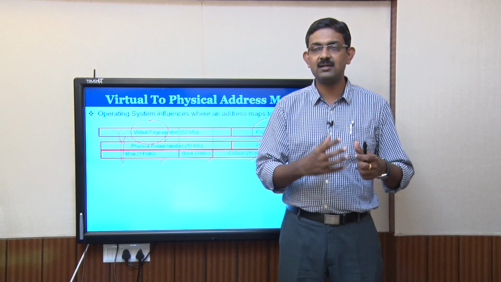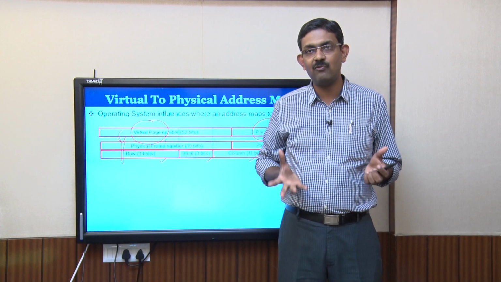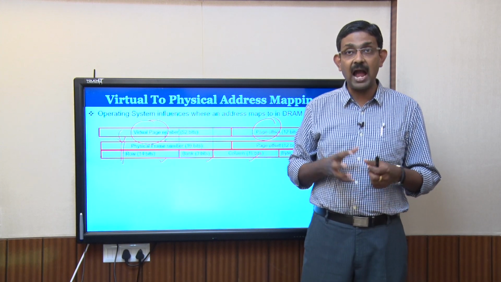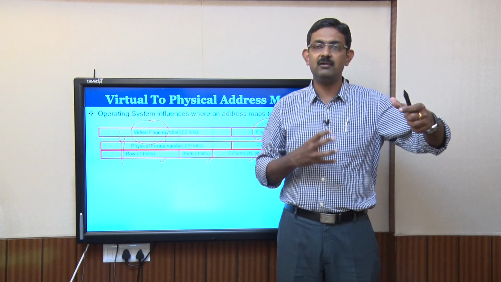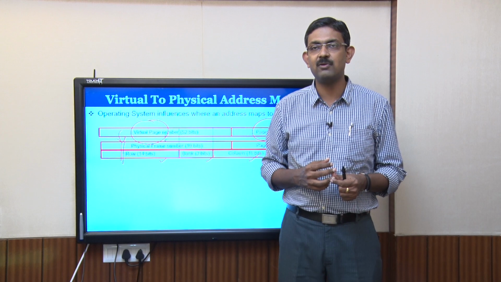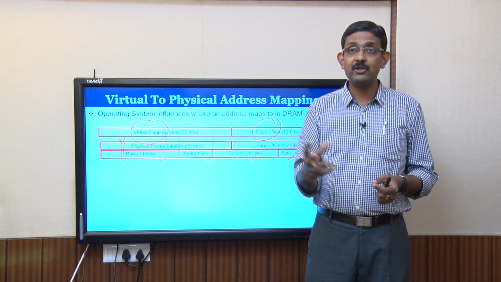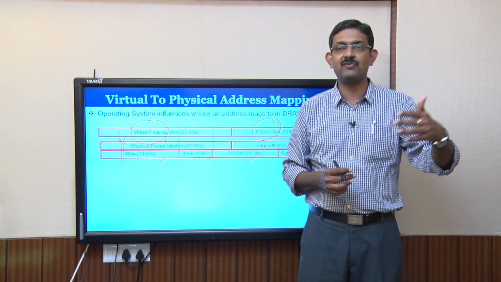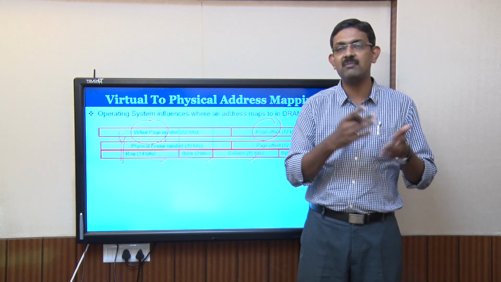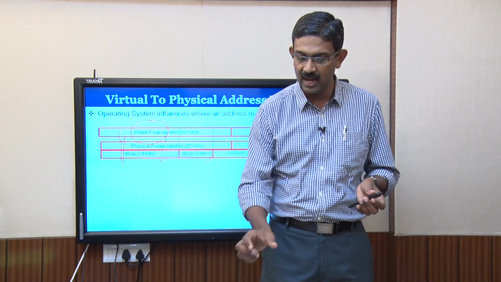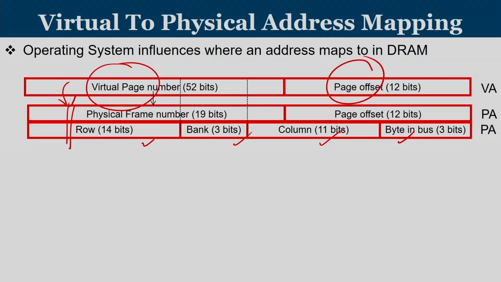It is the operating system that will look through the memory and find out where space is available, and if you have multiple spaces available inside your main memory, the operating system will pick one among them. Let's say it can give the first frame or the 10th frame or the 100th frame, whatever the frame number, at the end the physical frame number has a significant say in finding out what address we are going to give to this chunk of data.